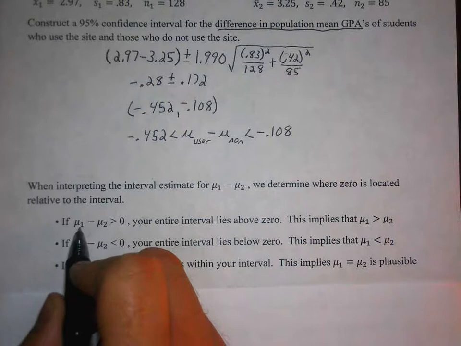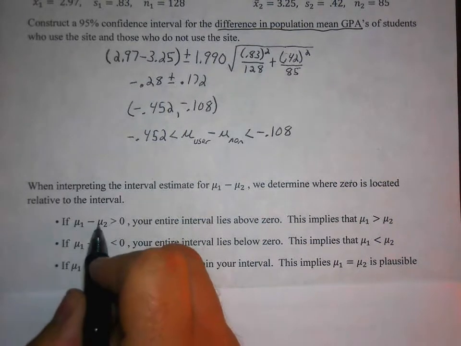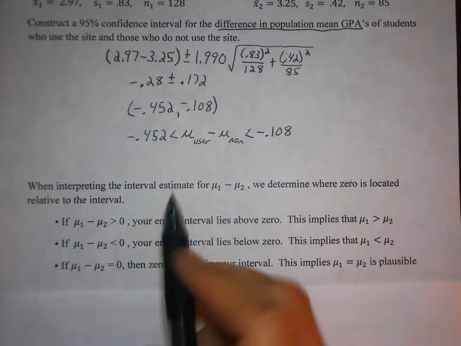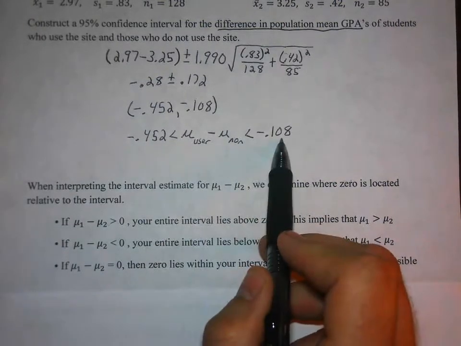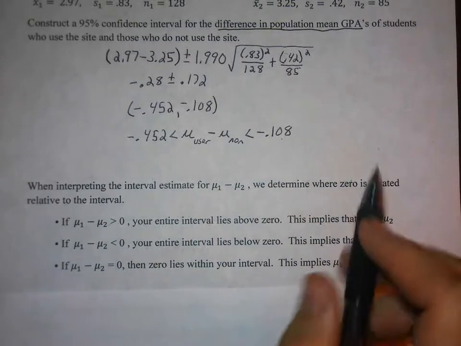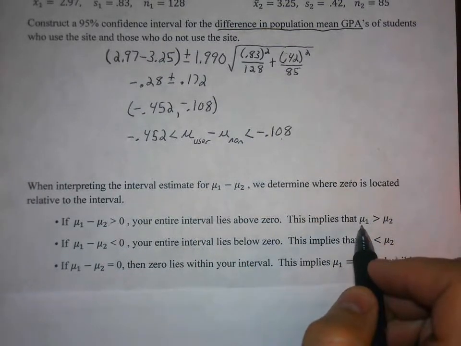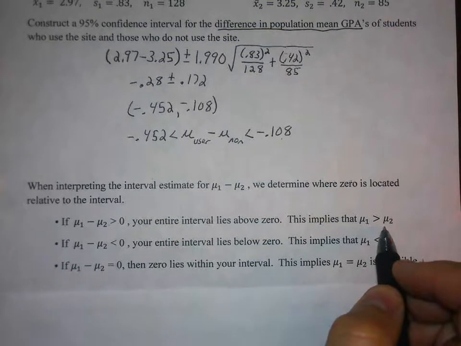So that would imply that the larger number is mu1, compared to the smaller number, mu2. So if your interval, your endpoints, both lie above 0, then that would imply that the first mean is greater than the second mean.